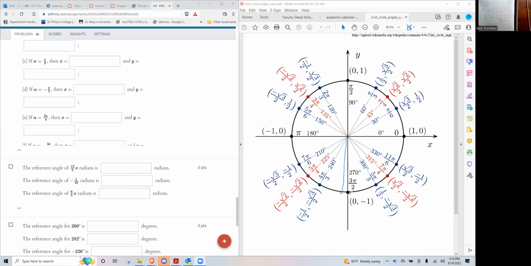So there's my 260. So how far is it to there? Right? How far is it from here to the x-axis? That's basically what they're asking, like how many angles. So what you can do, if I'm at 260, just subtract 180. You'll get that piece here, right?